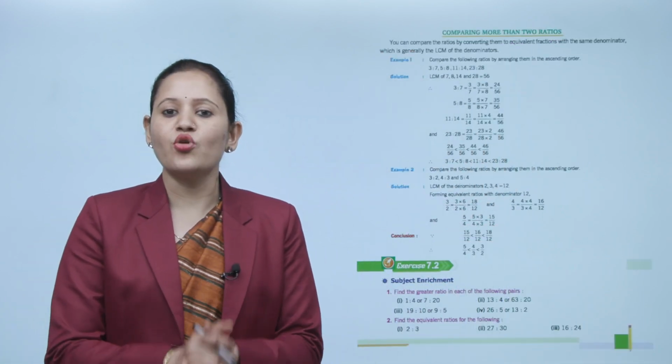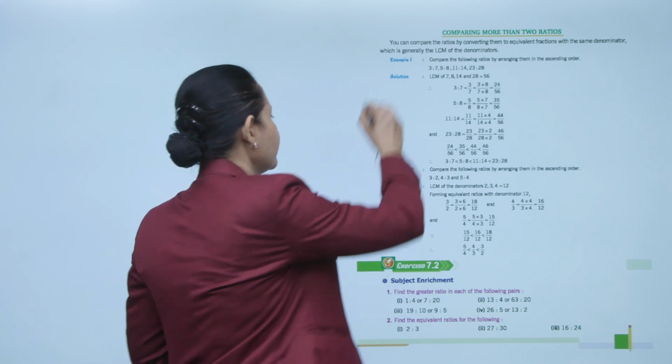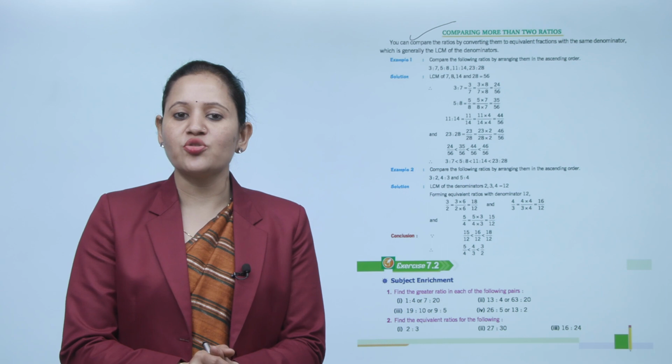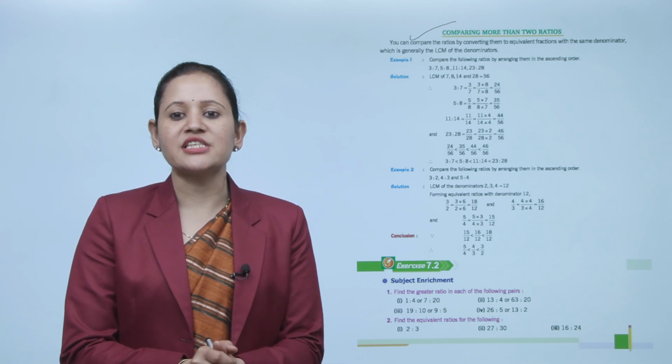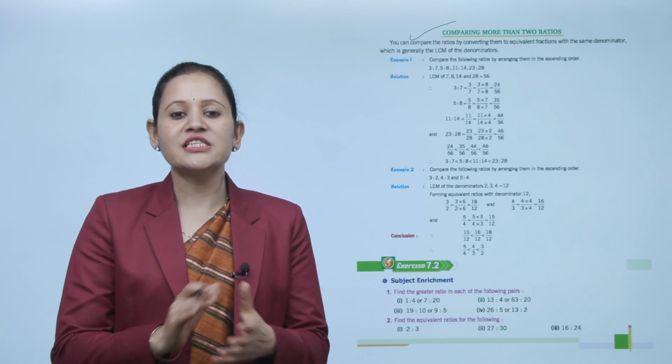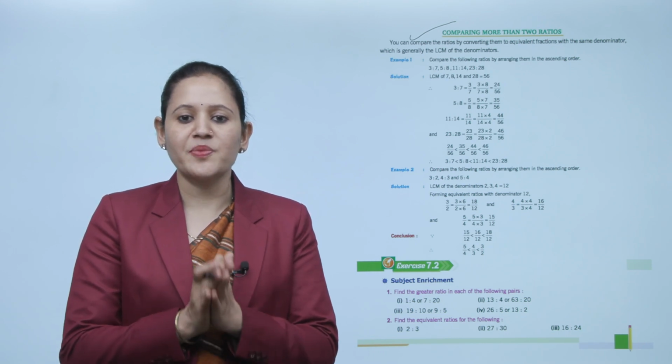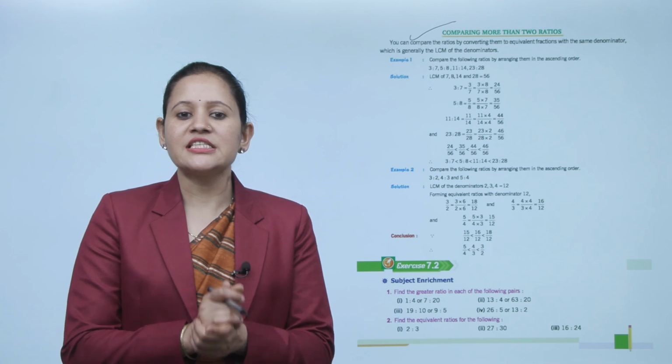Next, comparing more than two ratios. You can compare the ratios by converting them into equivalent fractions with the same denominator, which is generally the LCM of the denominators. For example, compare the following ratios by arranging them in ascending order.